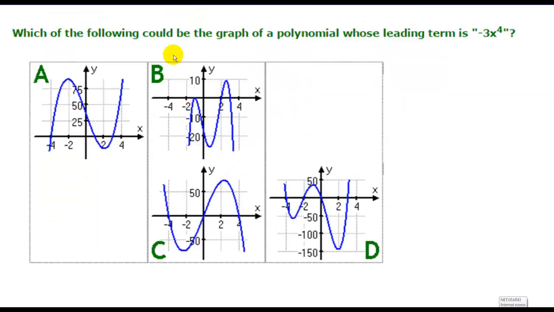So I want to know which of the following could be the graph of negative 3x to the fourth. So you'll notice we have an even term here, and we have a negative leading coefficient.